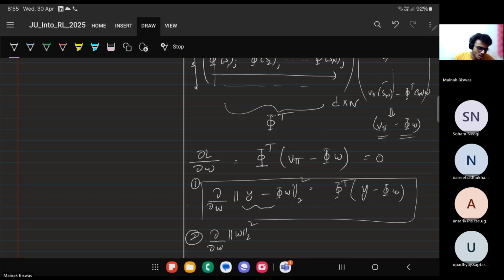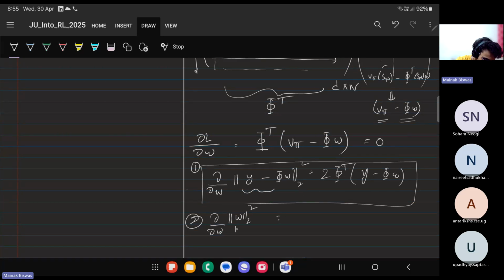If you have a vector w and you take the L2 norm of that squared, can you tell me what this will be? I'll give you a hint. This is W1 squared plus W2 squared plus up to WD squared, which is w transpose w. But what will be the derivative with respect to the vector for this scalar?